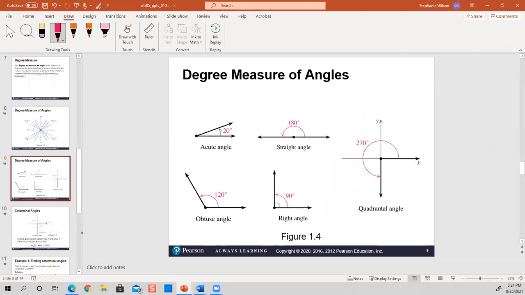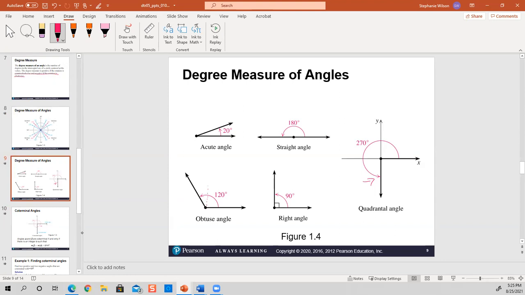These are names of the angles. We have an acute angle. We have the straight angle, which makes sense, right? It's 180 degrees. The acute angle is 20 degrees. And then we have a quadrantal angle, and it goes all the way around to the y-axis here, which gives us a degree of 270. An obtuse angle is 120.